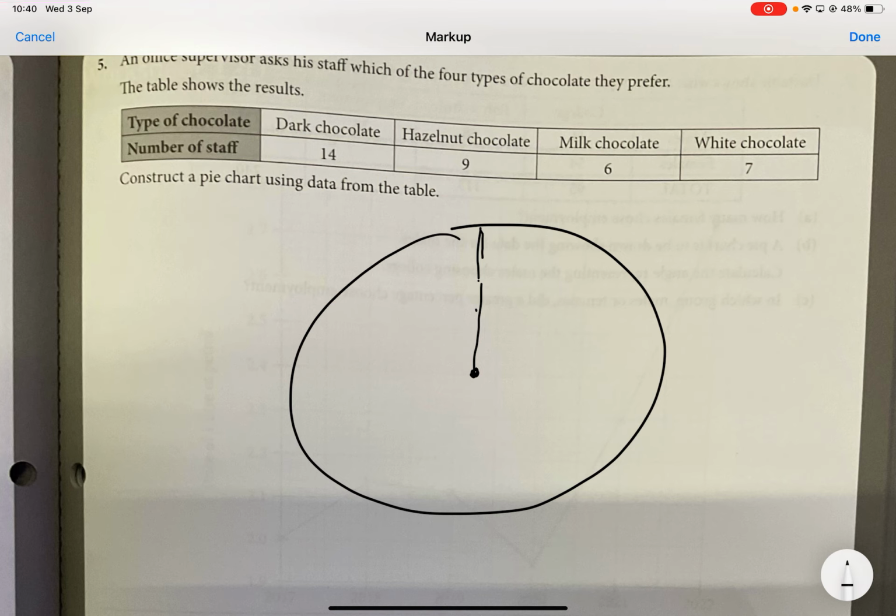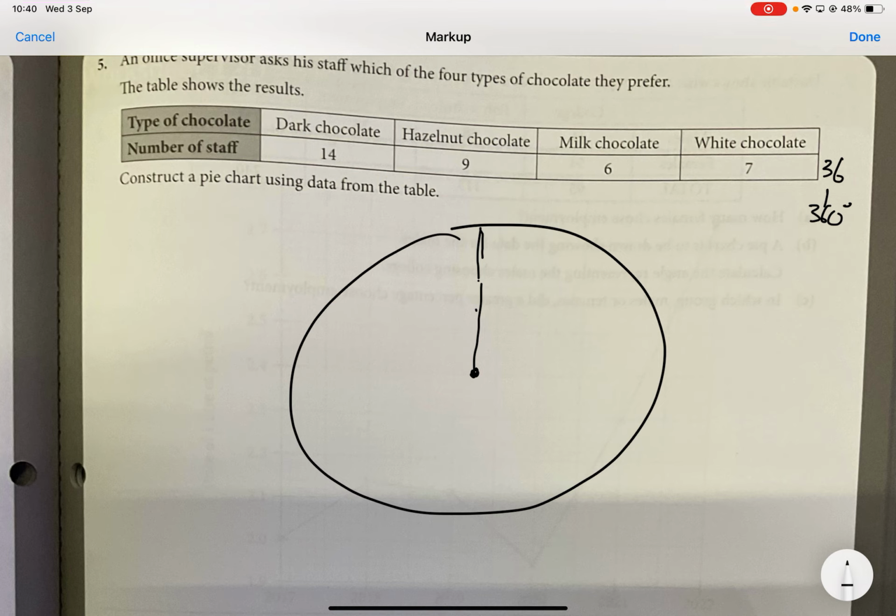So individually we have to calculate what angle each one is. We need to know the total also. The total is 23, 30, 36. So this 36 represents 360 degrees, because it is the total.